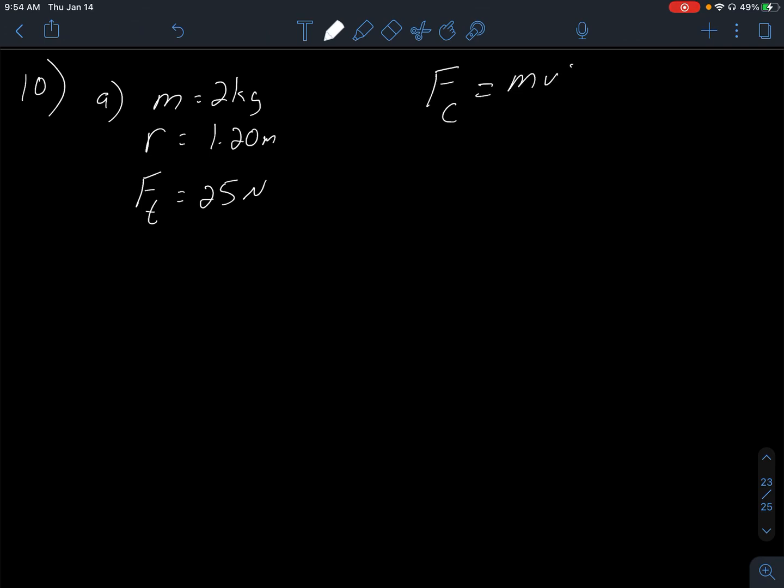So we make our statement of circular motion. And for this specific problem, we have force of gravity down, and then tension going upward. That has to be greater because it's at the bottom of our turn. So our centripetal force is the difference, or the sum, of tension and gravity, where gravity is negative.